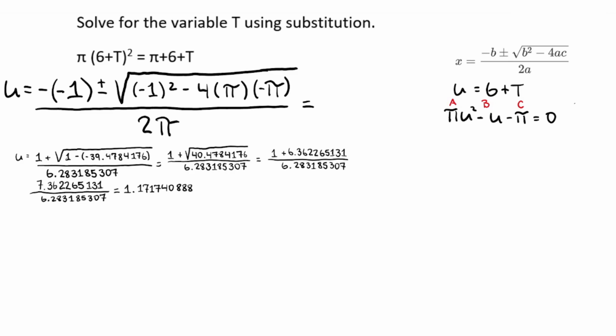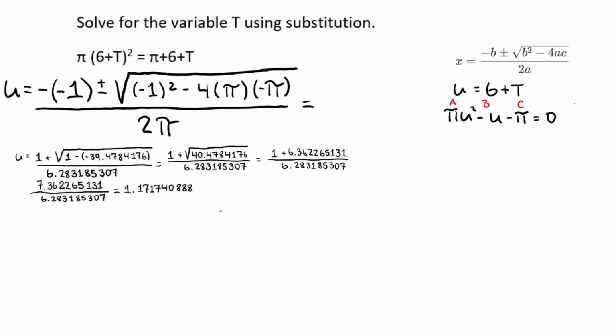You have 1 plus the square root of 1 minus -39.4784,176 divided by 6.283185,307.